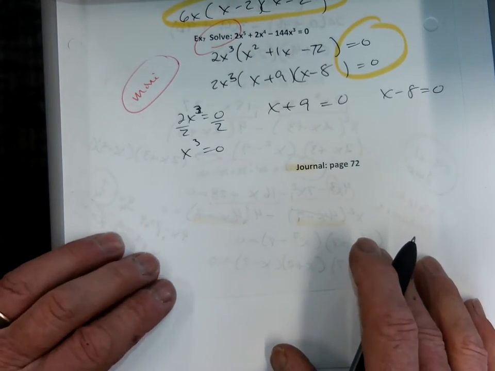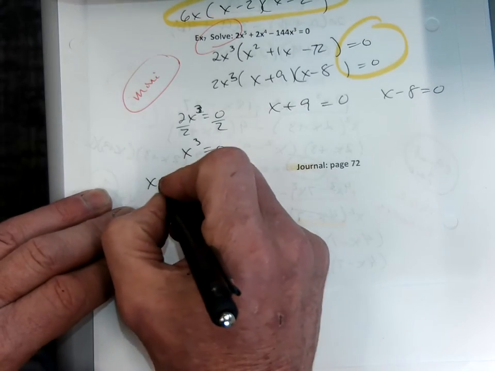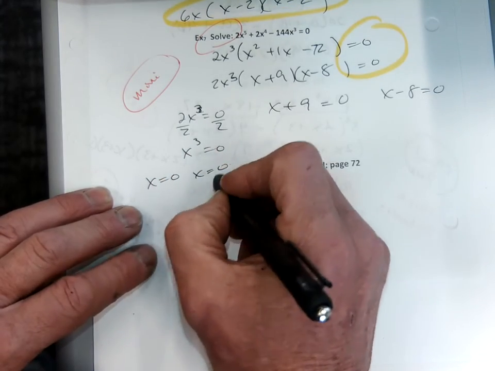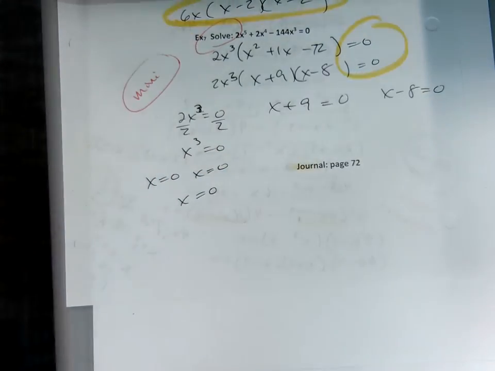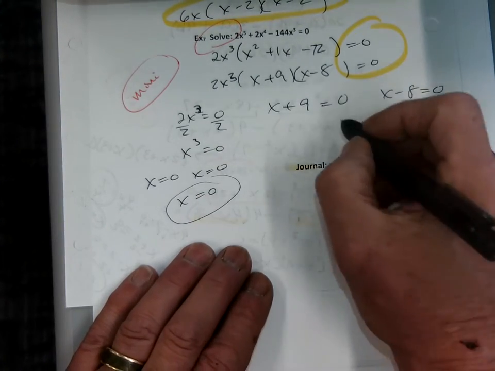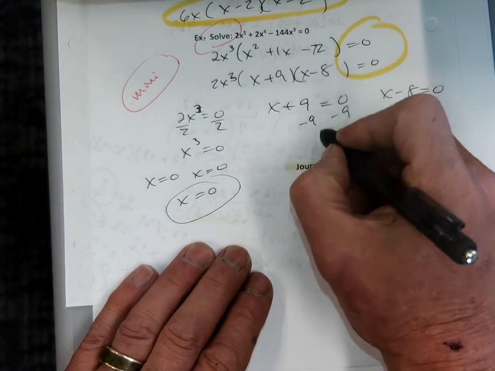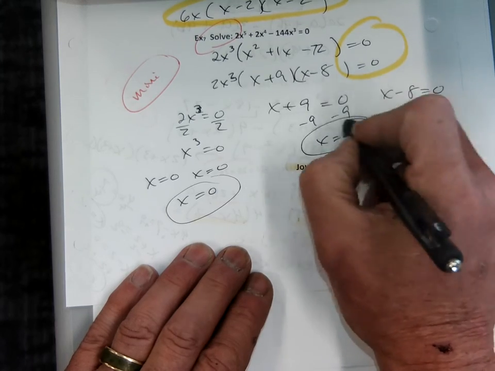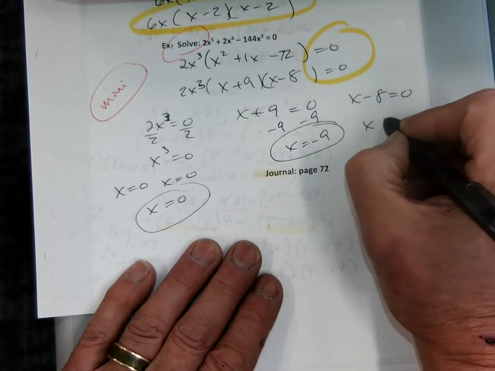Which is, Tava, x equals 0, x equals 0, and x equals 0. So 0 happens 3 different times at the same time, but that's just 0, isn't it? I'm going to show you how that works graphically. Minus 9, x equals negative 9, plus 8, x equals 8.